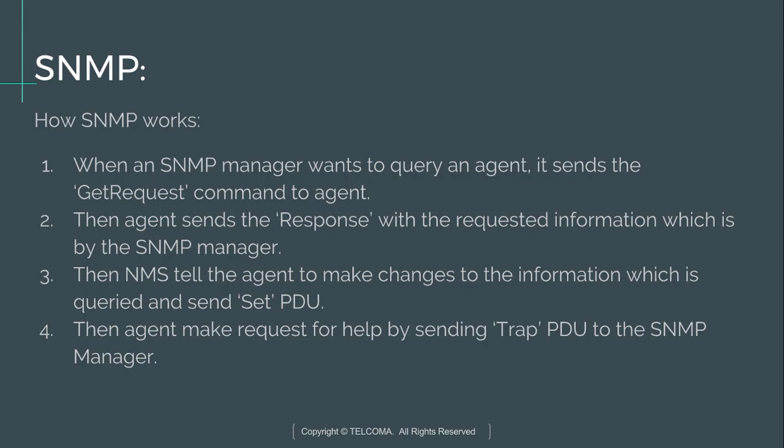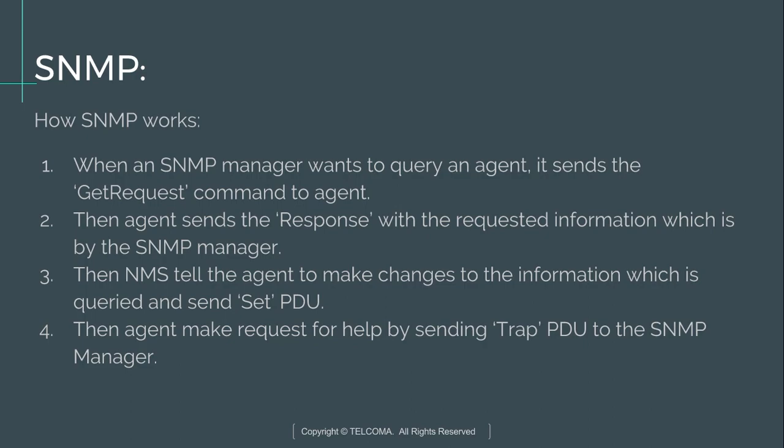Then, if it wants to make changes, the NMS tells the agent to make the changes by sending the set PDU. If the agent wants to request help, it sends the trap PDU to the SNMP manager.